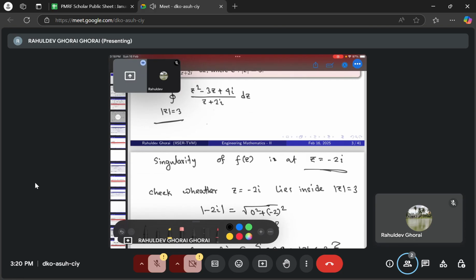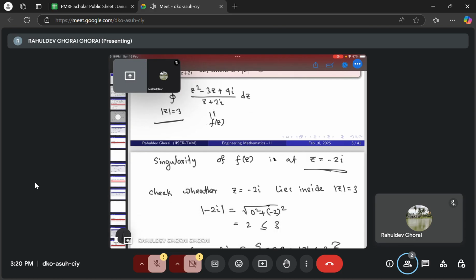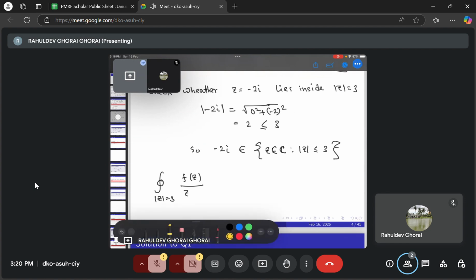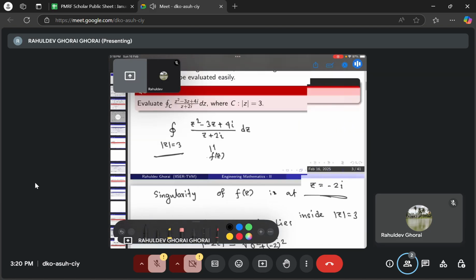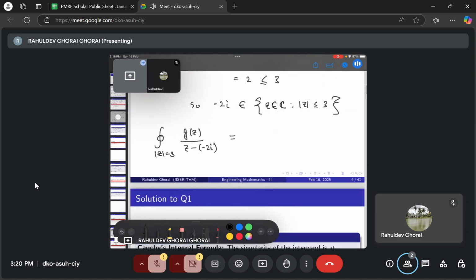So now what we'll do is write this as g(z) over (z minus (minus 2i)). Then by the Cauchy integral formula, this equals 2 pi i times g at minus 2i, as g(z) will not have any problem or any other singularity. This is by the Cauchy integral formula.